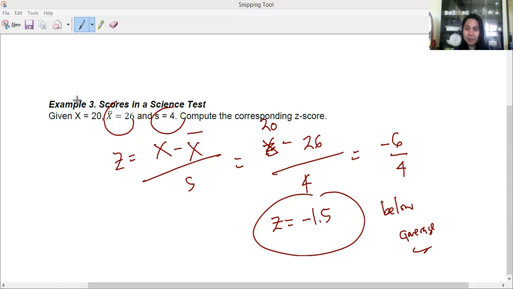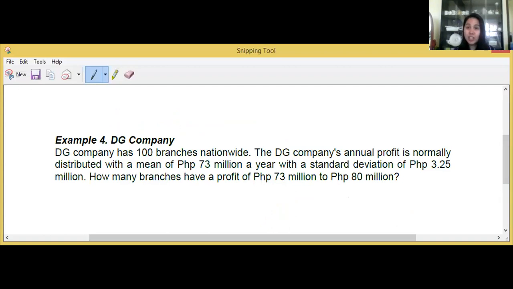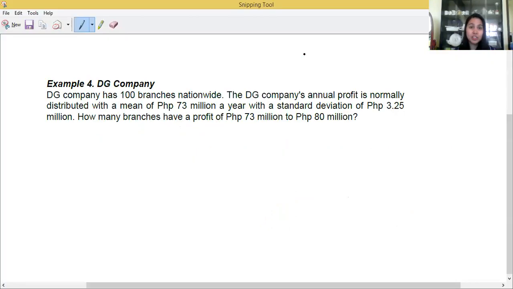In the last example, DG Company has 100 branches nationwide. The DG Company's annual profit is normally distributed with a mean of 73 million a year and a standard deviation of 3.25.